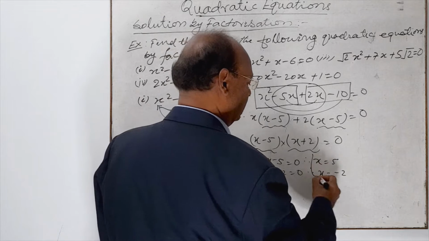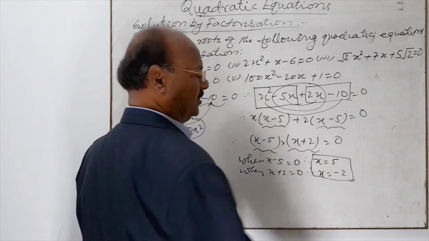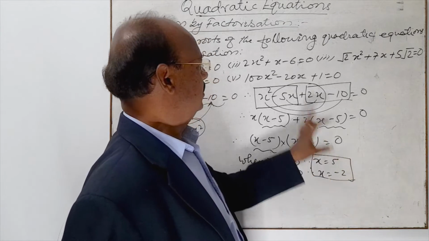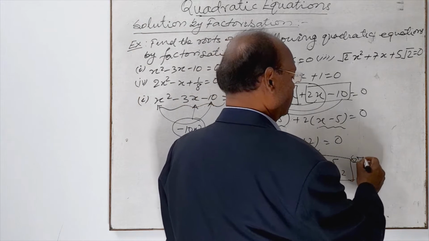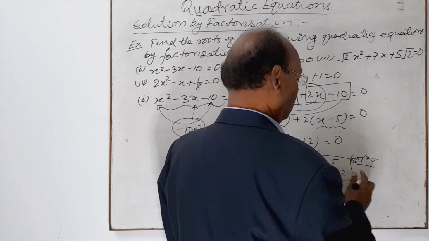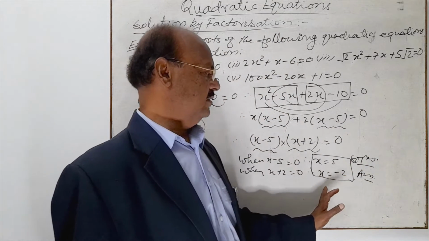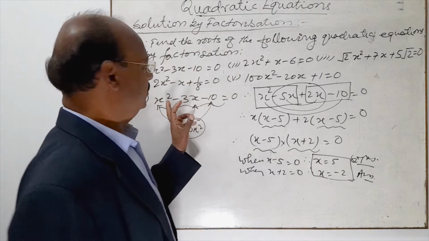So these two values, x is equal to 5 and x is equal to minus 2, are the required solutions of the given quadratic equation. These are the answers for question number 1.